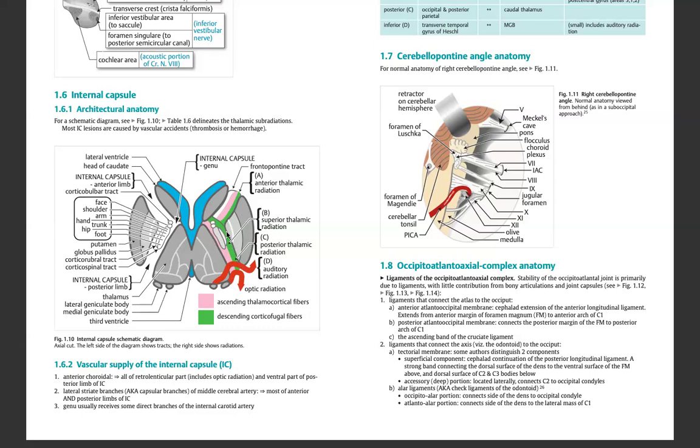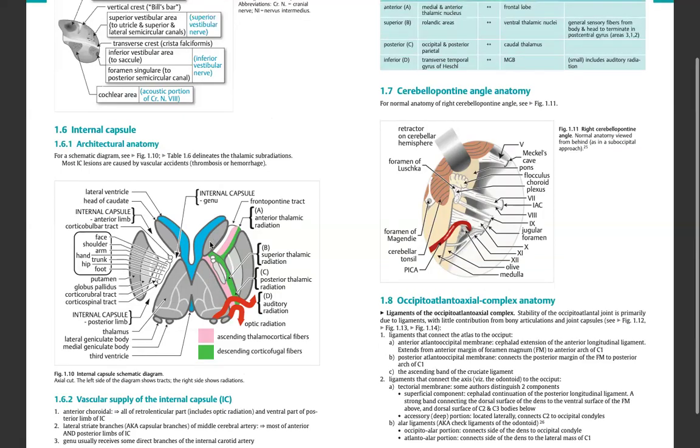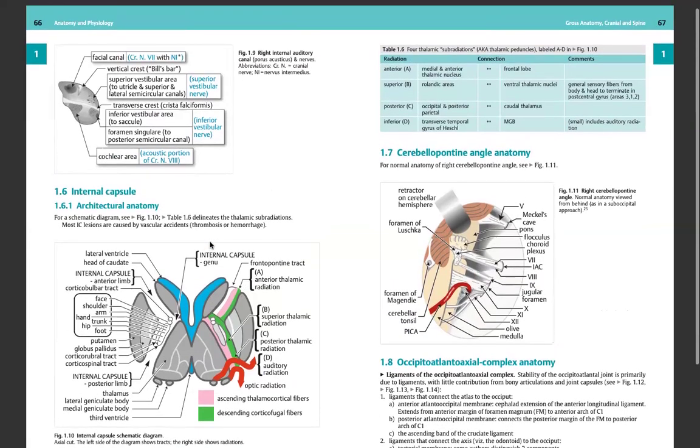Majority of the rest of this area is supplied by the capsular branches, or lateral striate branches, of the MCA, while the genu receives direct branches from the internal carotid. I don't know if we have any questions at this point.